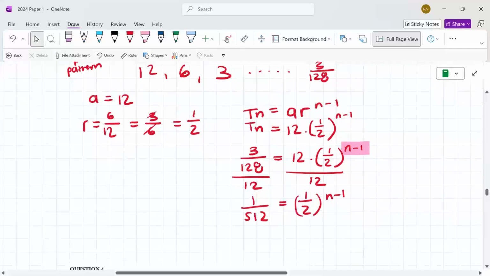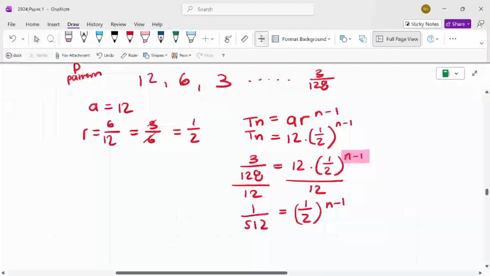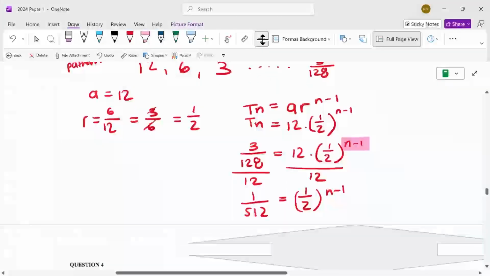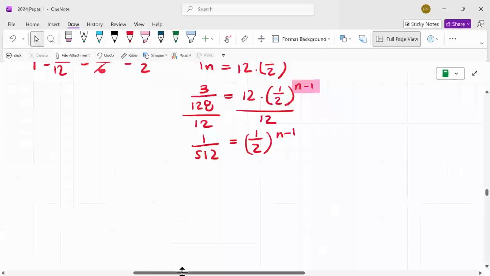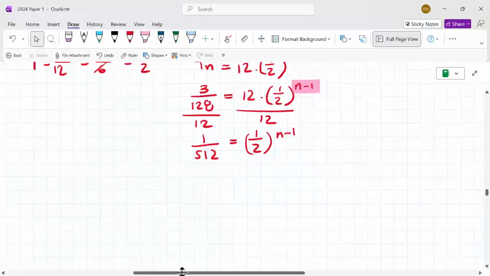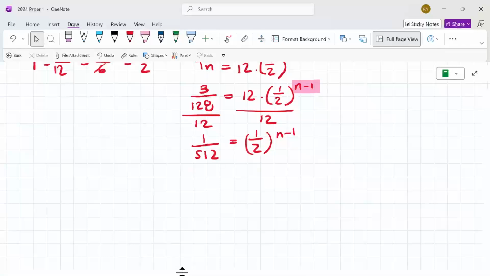Okay, now we know that with exponential equations, we are trying to get the bases to be the same on either side of the equal sign so that we can drop the bases, right? So what is 512? If I'm to write it in its prime factors, you can use the shift fact on your calculator.